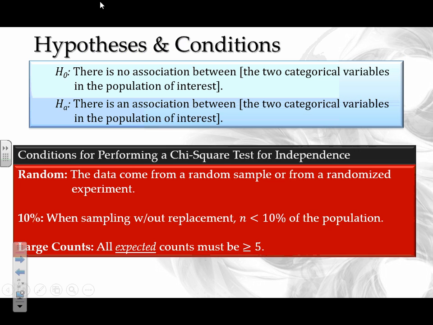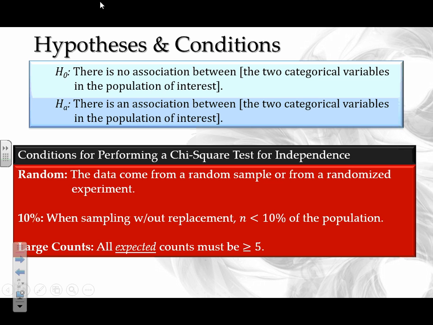Then the next thing would be our conditions. Once we have our hypotheses stated, we look to see what our conditions would be. Notice they're the exact same conditions as we had for goodness of fit. They're the exact same conditions that we had for the test of homogeneity.